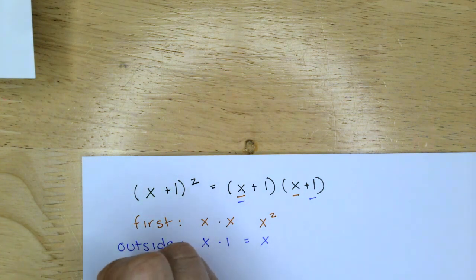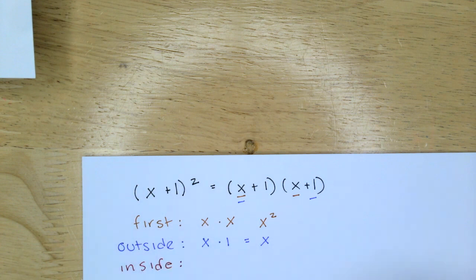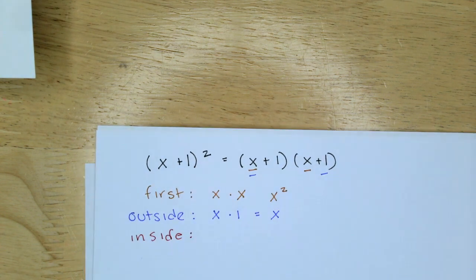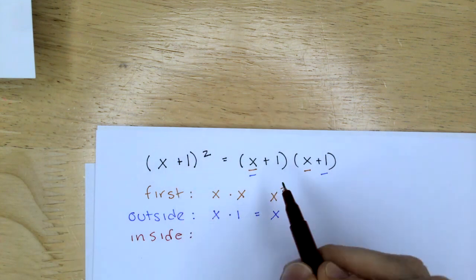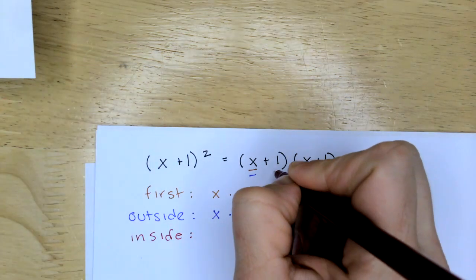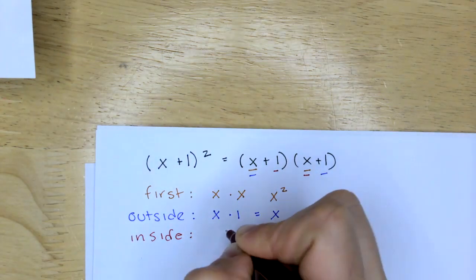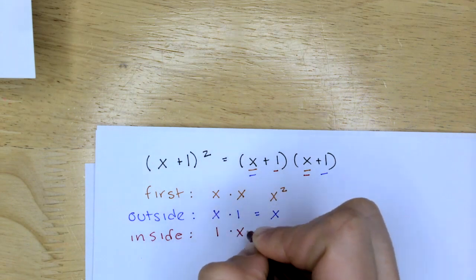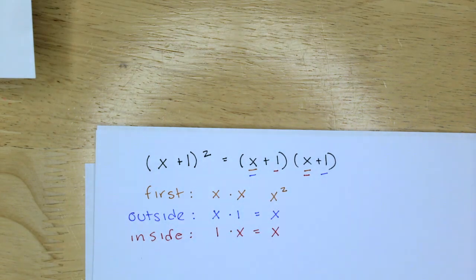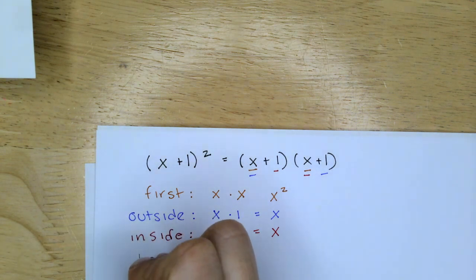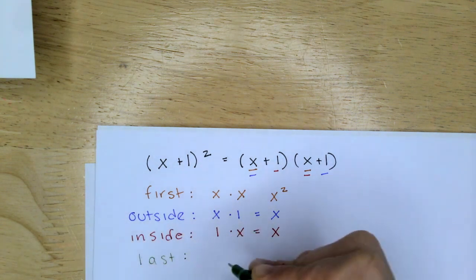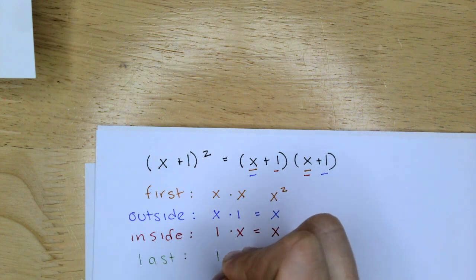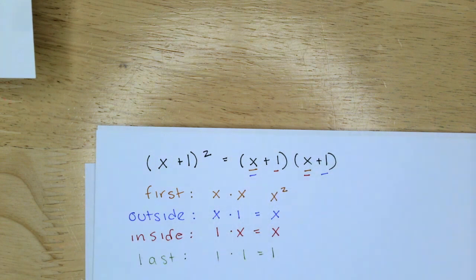The inside term is 1 times x, which is also just x. And then last is 1 times 1. 1 times 1 is just 1.